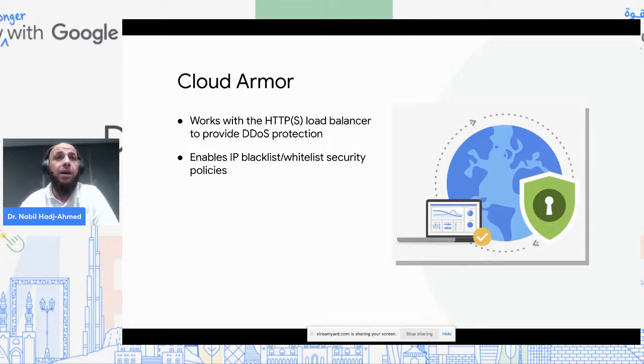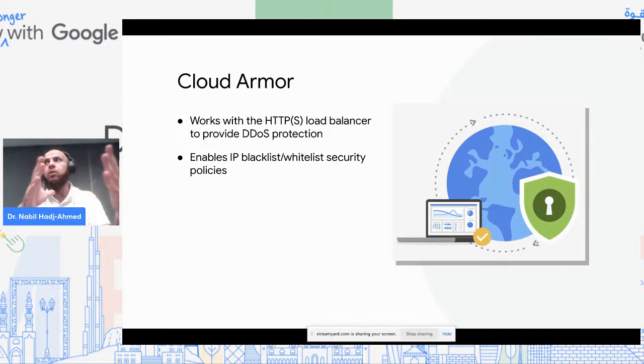Cloud Armor gives me the level of customization. I can configure it to mitigate multi-vector attacks. I can enforce access control to allow or restrict user traffic based on IPv4 addresses and IPv6 addresses. I can also block geographical regions.